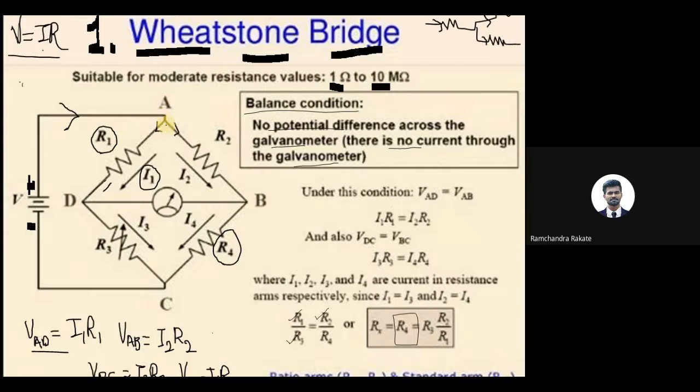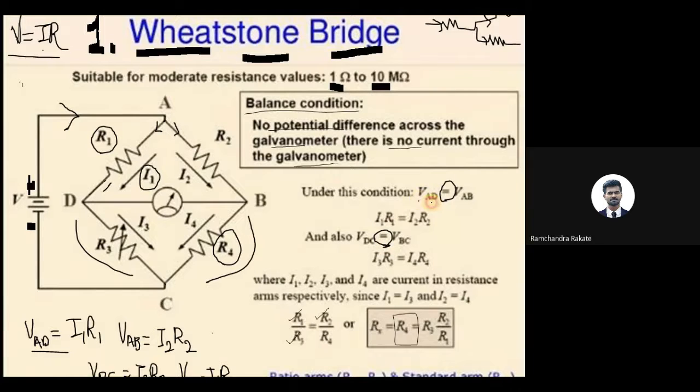Suppose at point A, the voltage drop across the branch VAD and the voltage drop across the branch VDB are equal. Clear? Also, the voltage drop across the branch VDC and the voltage drop across the branch VBC are again equal because they are in parallel.